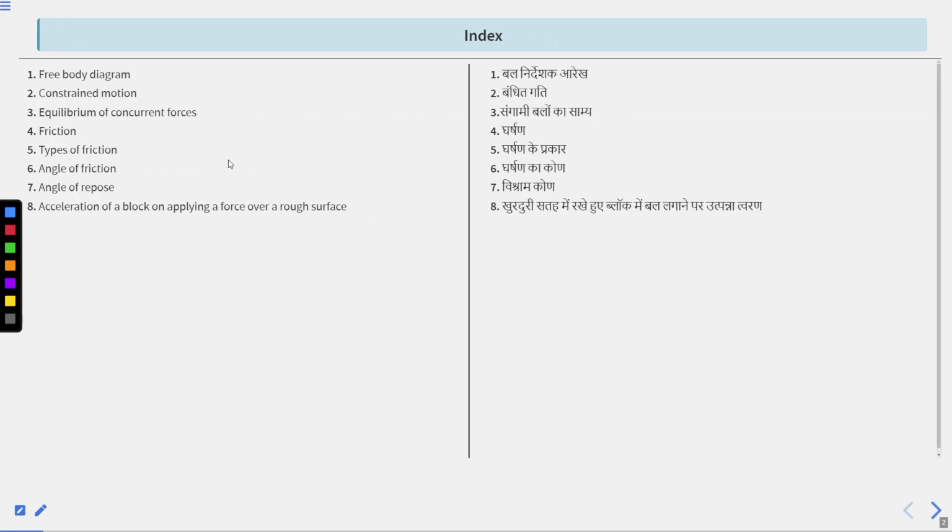In today's lecture we will learn: first is free body diagram, second is constraint motion, third is equilibrium of concurrent forces, fourth is friction, fifth is types of friction, sixth is angle of friction, seventh is angle of repose, and eighth is acceleration of a block on applying a force over a rough surface. So these are the topics which we will learn in today's lecture.